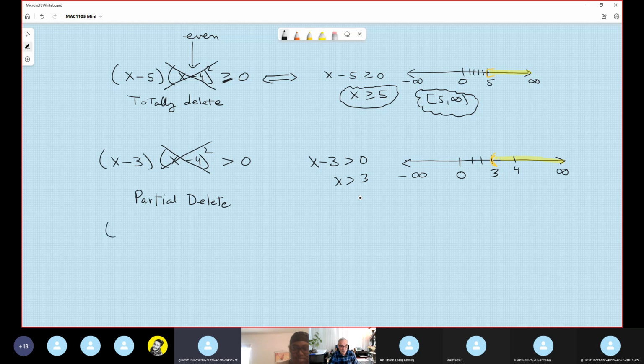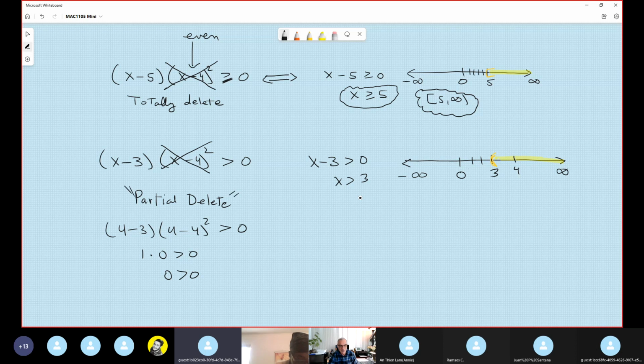Because when you plug in 4, 4 minus 3 is 1, 4 minus 4 is 0, 0 squared is 0. So 1 times 0 is greater than 0, meaning 0 is greater than 0, and you get the contradiction. Wow. You say, how can I solve the problem? Again using a table? No. You apply partial delete.